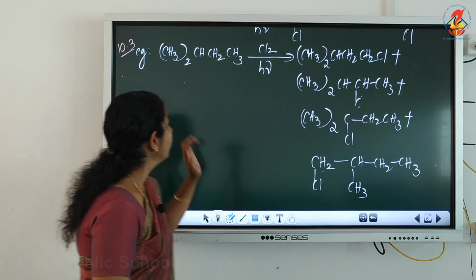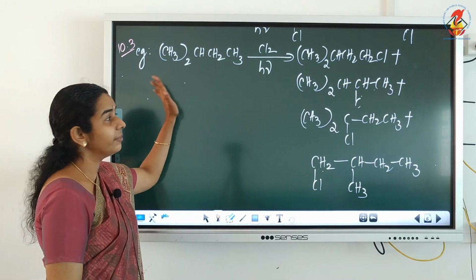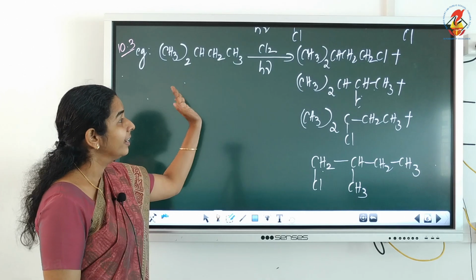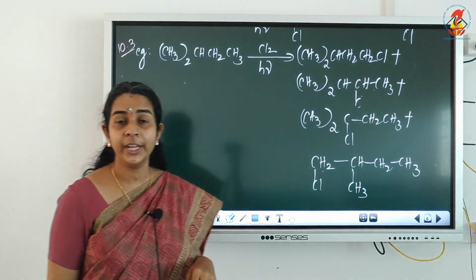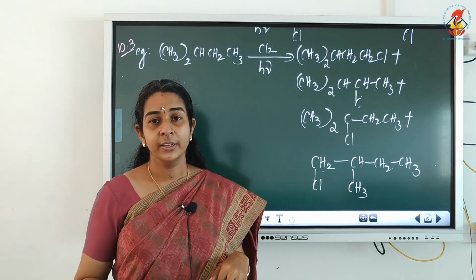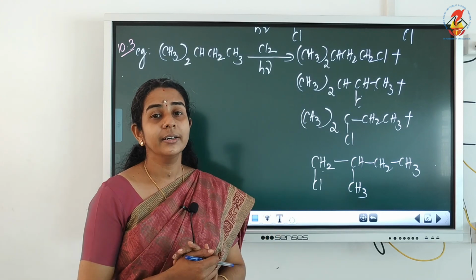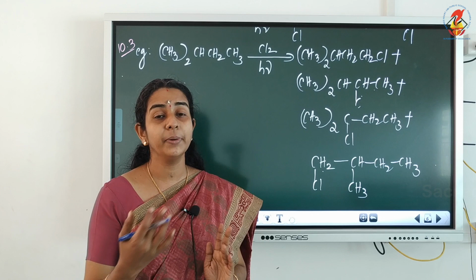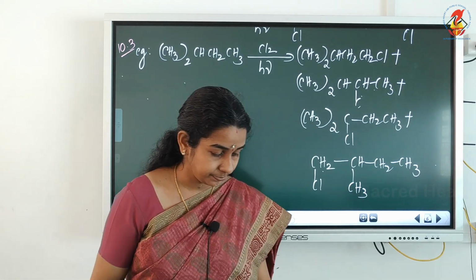So from this hydrocarbon, this alkane, we are getting 4 isomeric monohalogen derivatives. So this is the first method of preparation from hydrocarbons by free radical halogenation.